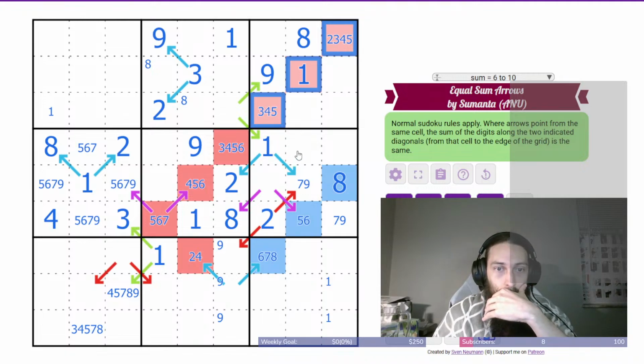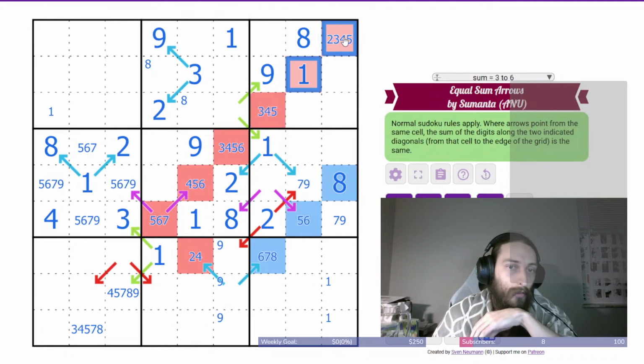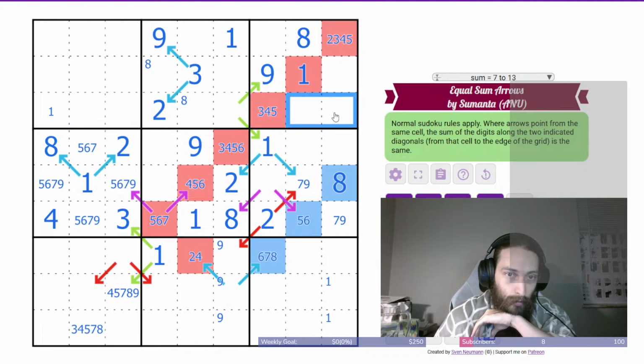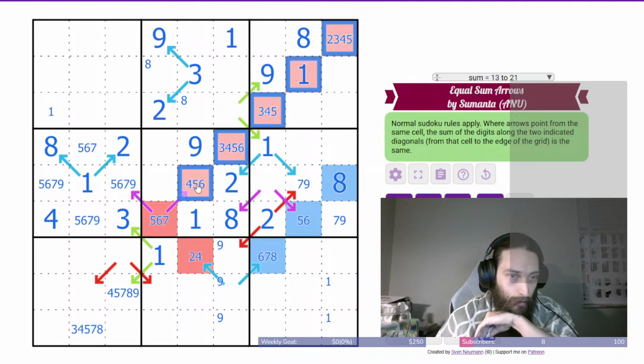Yeah, okay, I see what you're saying. Although I guess this would still be minimum 7. 1, 2, and 4. You can still have a 3 in one of these two positions. But that would bring up our minimum to 14. Right.